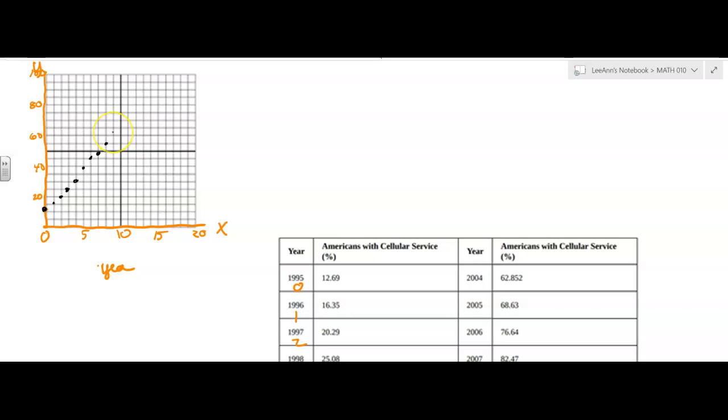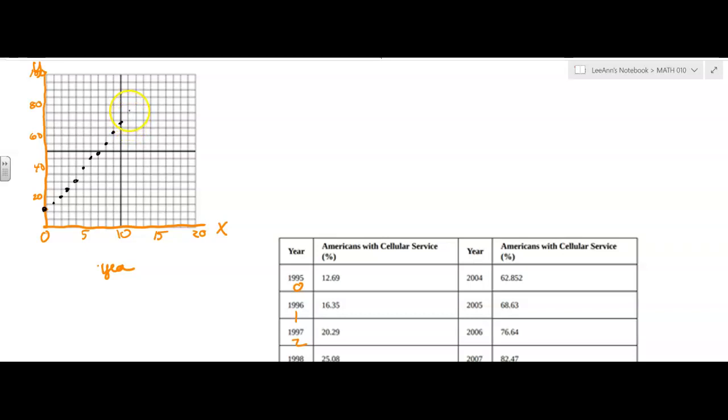So year 9 is going to be over 60. And year 10, what does that say? 69 about. So let's look up here. And year 11, 77 almost.